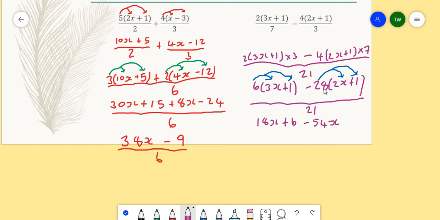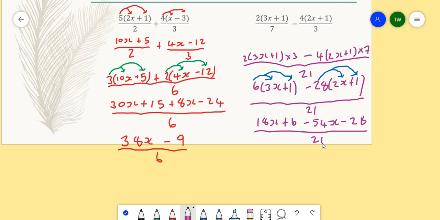Then it's going to be a negative 28 times a positive 1, which gives us a negative 28. We'll put back all of this over a common denominator of 21.